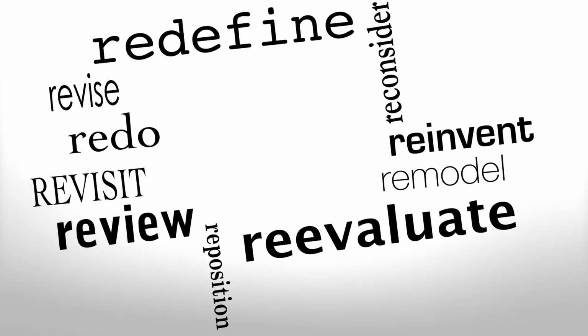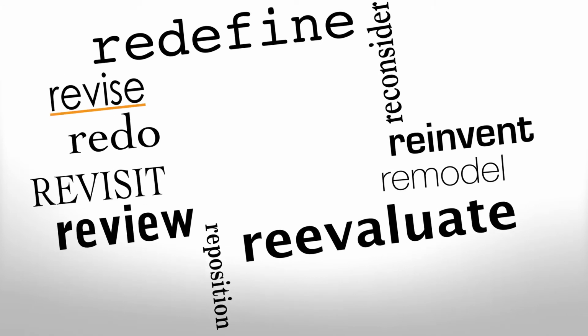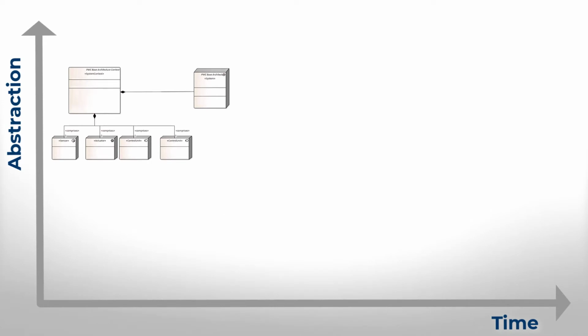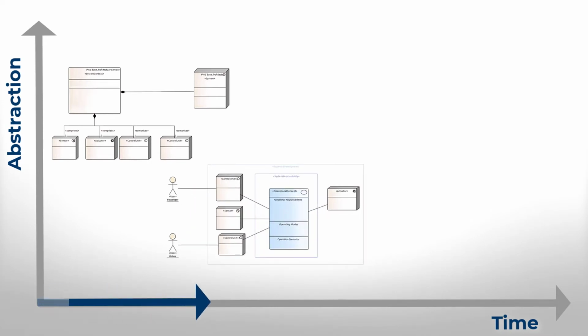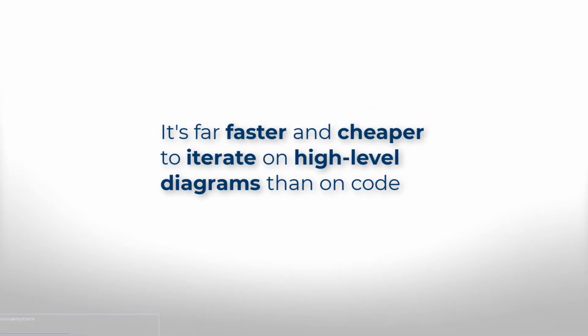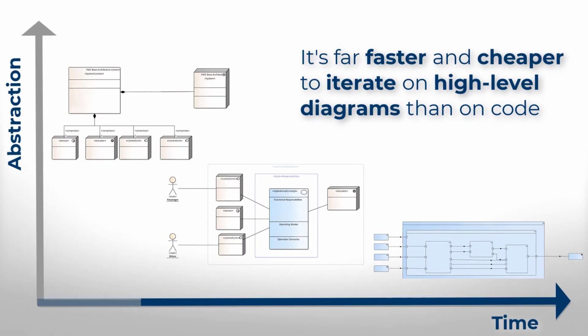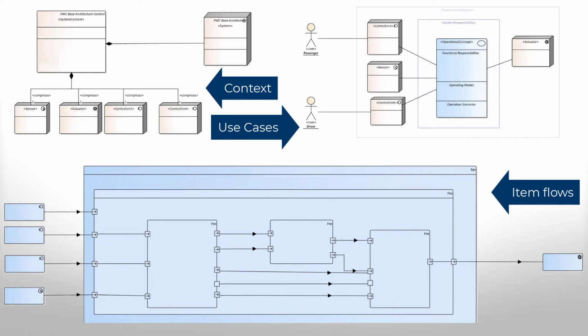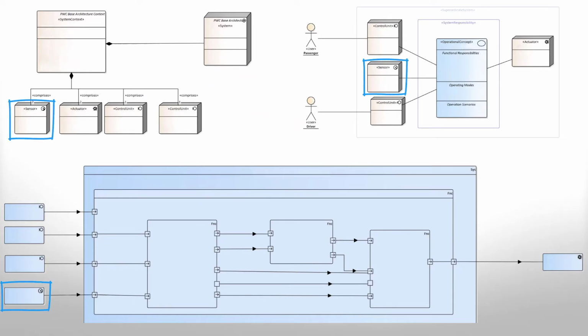One big benefit of modeling was the ability to easily revise the diagrams as problem understanding and solution concepts evolved. Such iteration is a foundation of successful software engineering. It's far faster and cheaper to iterate on high-level diagrams than on code. A strong argument for modeling is that representing knowledge in different ways allows you to compare those alternative views to look for gaps and disconnects.